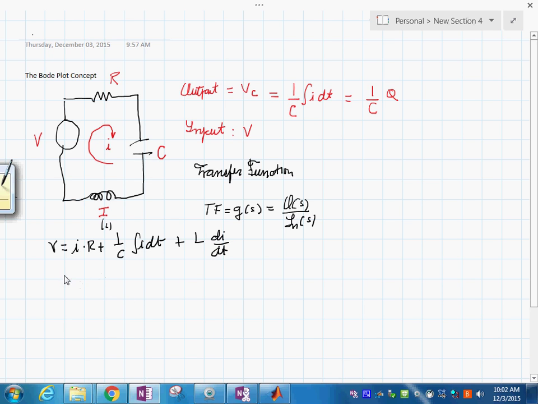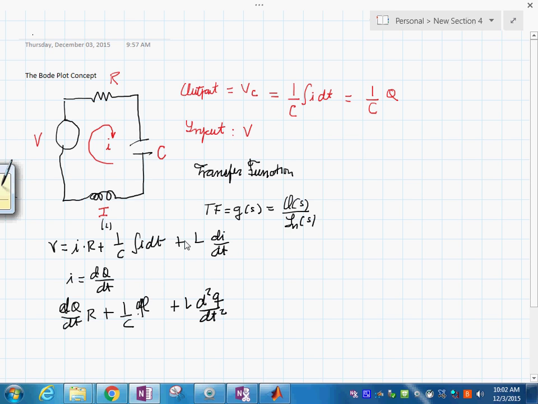Or you could write, if I is dq dt, it follows that R times dq dt, plus 1 over C times Q, plus L times d squared Q dt squared.